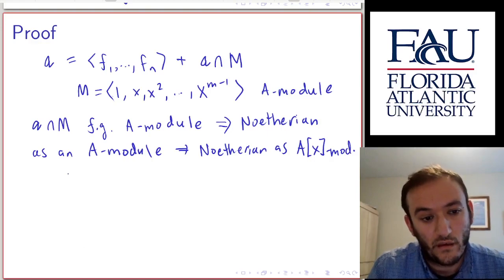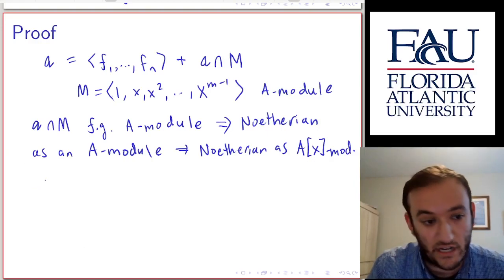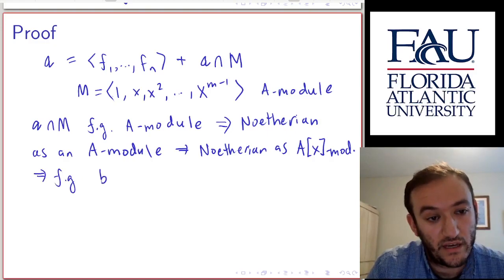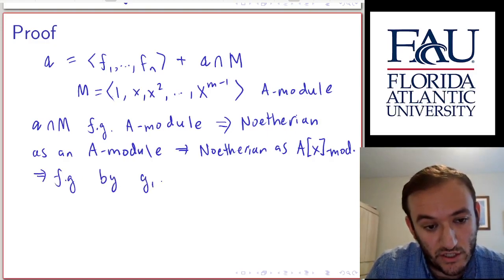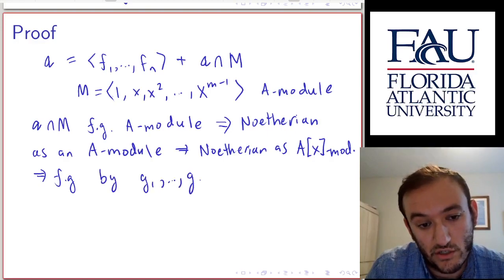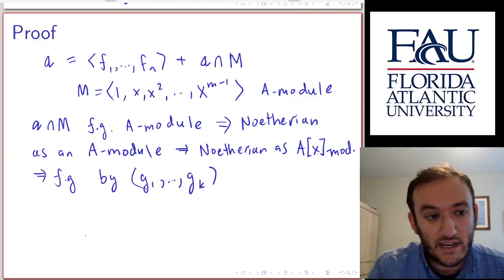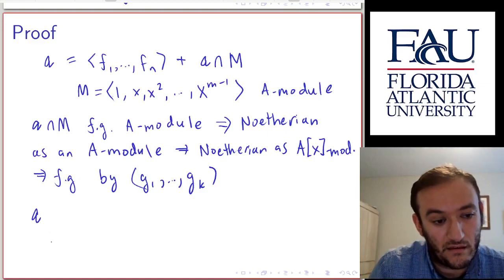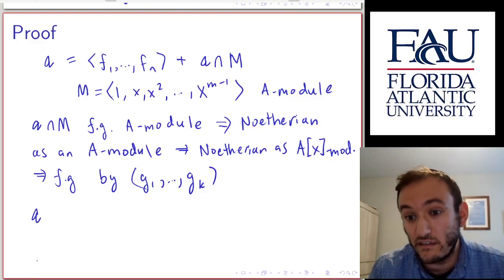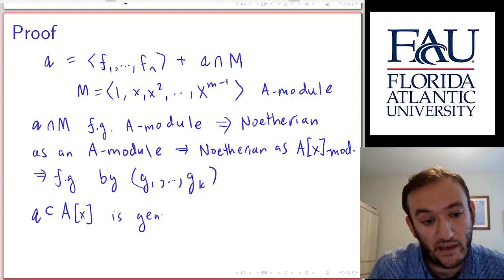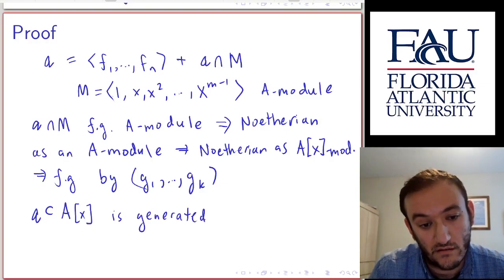And in particular, it will be finitely generated, say by g_1 through g_k. And what that means for us is that A, as an ideal of A adjoin X, is generated by the f's and the g's.